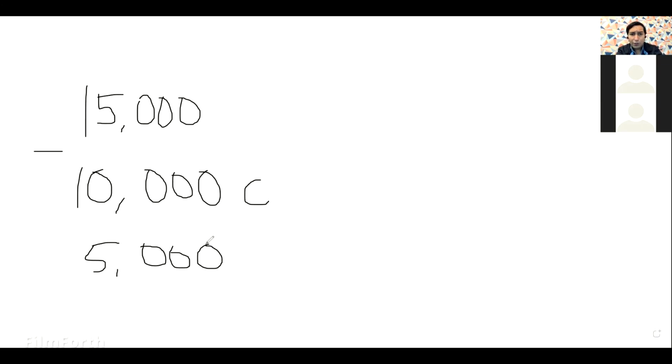leaving 5,000 units in process, 30% complete. So how many equivalent units of production will we have for this period? Remember that there is 30% completed. Let's start with the units that we know are completed, and then we can add up the partially completed units.